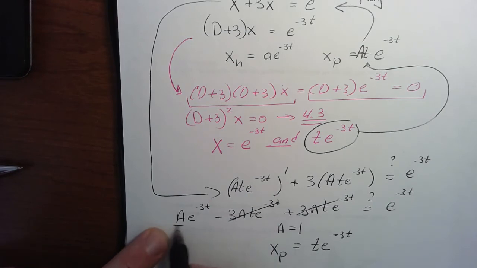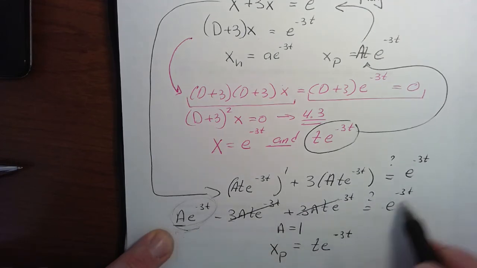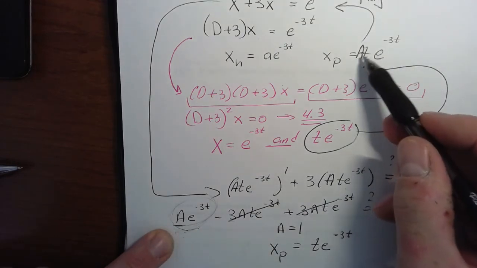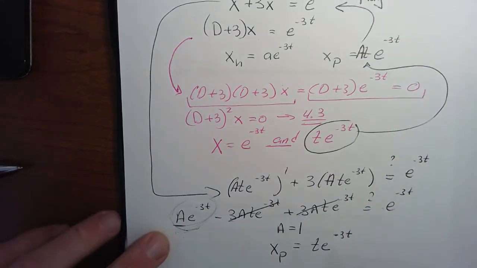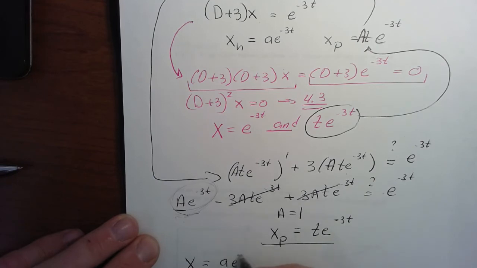Notice that we found out what a equals. Be careful, this isn't the particular solution. We found out what a equals, and we have to go back to our initial guess, a t e to the minus 3t. Okay. So then my full solution is my homogeneous plus my particular.